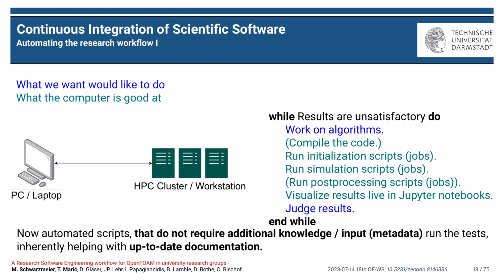So we work on the algorithms, hit a button, let the computer do all those jobs, and just at the end of the computer running all the tests, we judge the results and see if we are happy or need to go back and work on the algorithm. That's all we do.